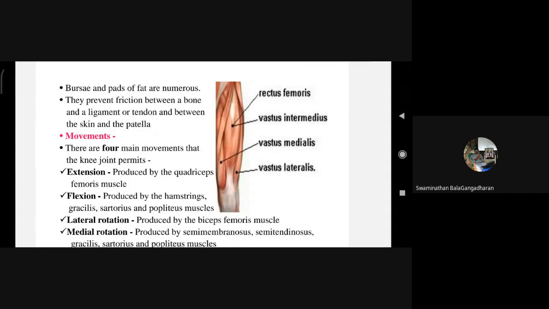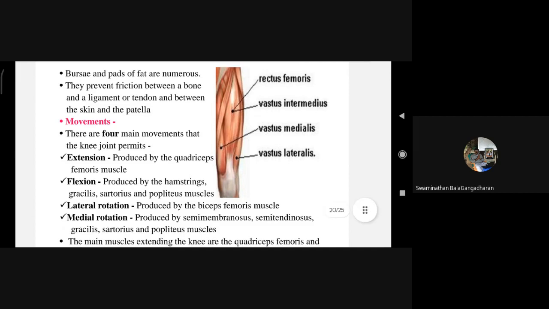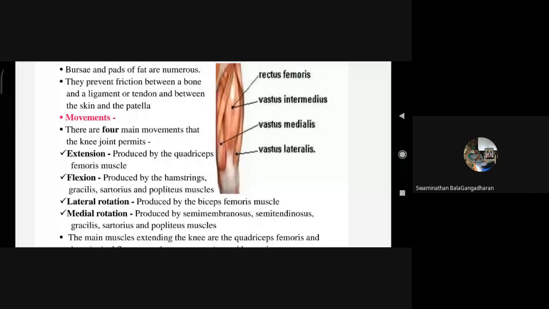The main thing is flexion means decreasing the angle, extension means increasing the angle. If we are decreasing the angle between lower leg and upper leg, then it is flexion. And if we are increasing the angle between our upper leg and lower leg, then it is extension.